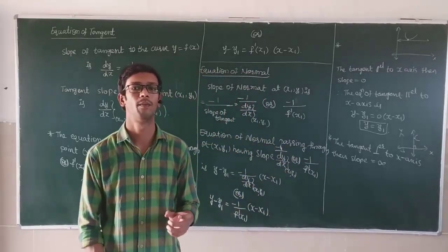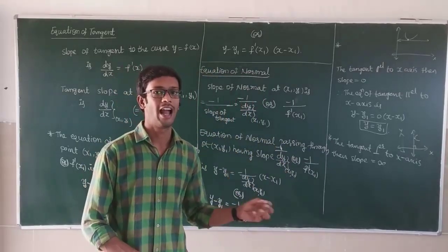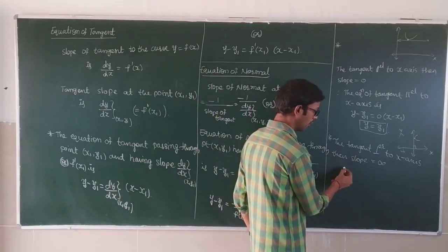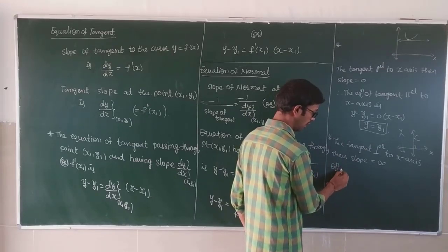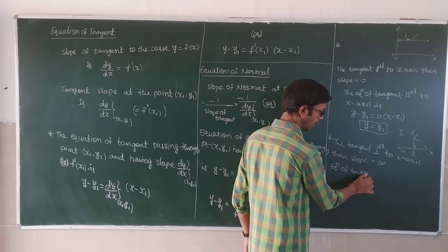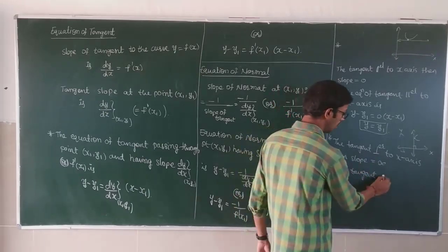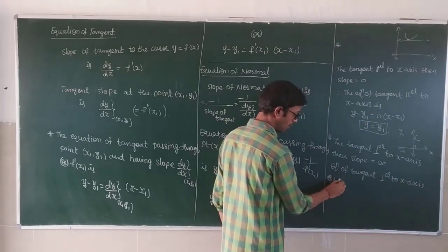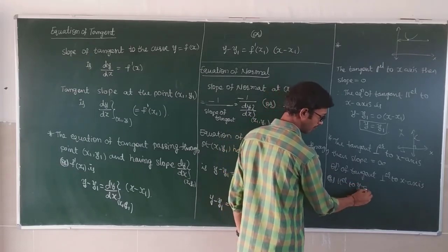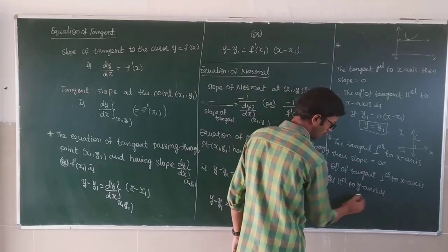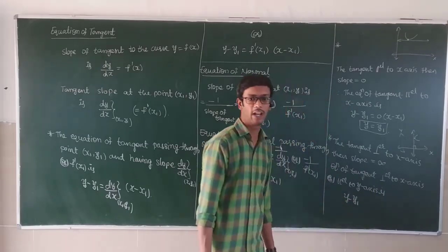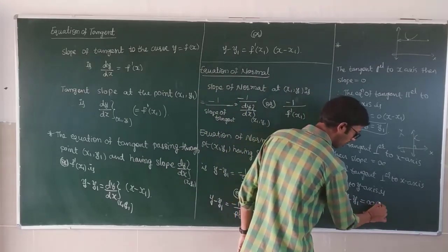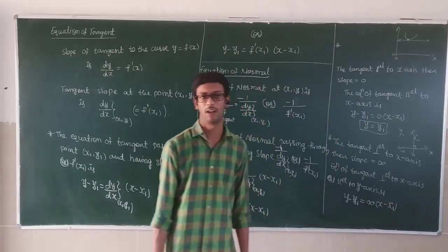The slope of the tangent is nothing but tan 90 degrees. Tan 90 degrees is not defined. So now the equation of tangent perpendicular to the x-axis or parallel to the y-axis is y minus y1 is equal to infinity into x minus x1.